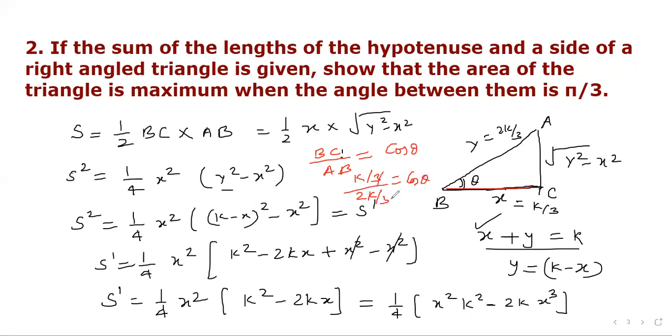So here 3 will cancel out, k will cancel out, and we will get cos theta equal to 1 by 2. So theta will be pi by 3 because cos pi by 3 is equal to 1 by 2. So this was to be proved. So we have got the answer.